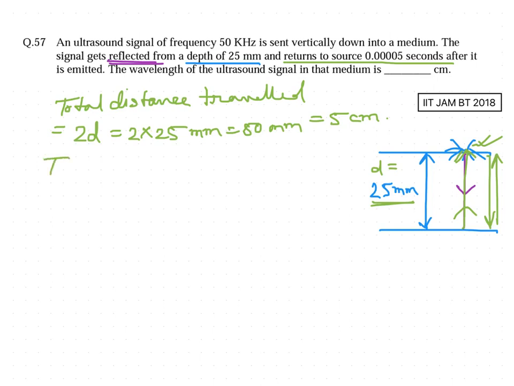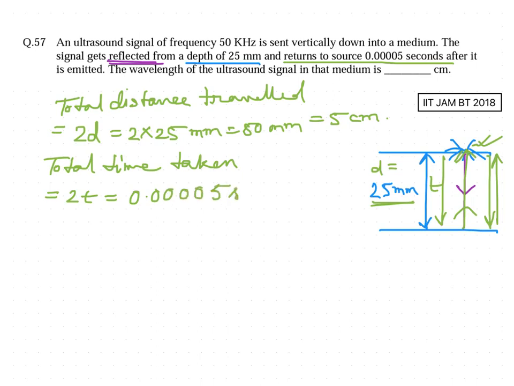So total time taken is equal to twice t. If once it goes down is t, then total time taken is twice t, that is 0.00005 seconds. Okay, and that is equal to 5 times 10 to the power minus 5 seconds.